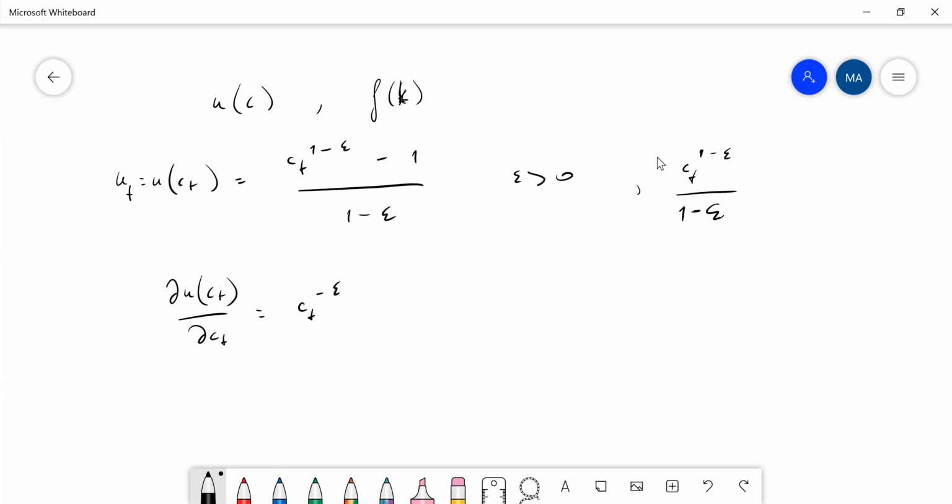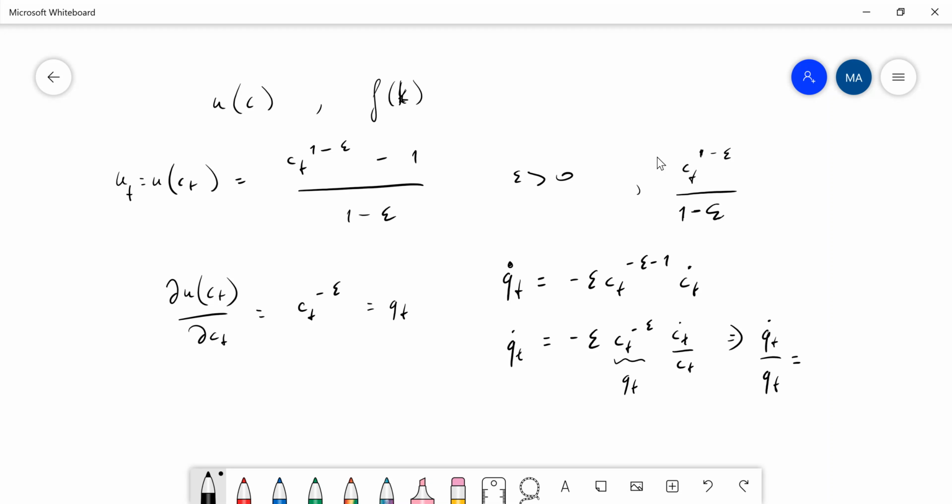If you equate this to Qt, you have Q dot t equals minus epsilon Ct to the minus epsilon minus 1 times C dot t, by the chain rule. So you have minus epsilon Ct to the minus epsilon times C dot t divided by Ct. Realize that this is again Qt, so at the end, Q dot t divided by Qt is equal to minus epsilon C dot t divided by Ct.